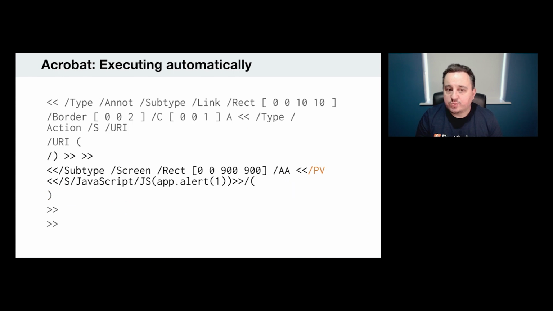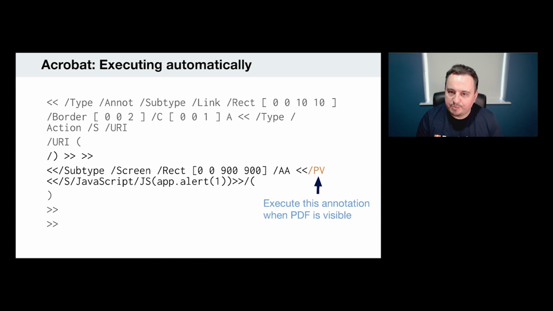On Acrobat as well, we can execute automatically, which is really awesome. So here we inject a new annotation, we specify a Rect so we can get a clickable area, and then we specify the PV dictionary key, and this will execute this annotation when the document is visible. So this is really powerful.